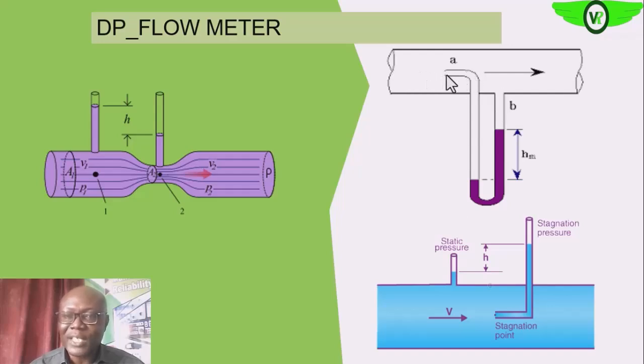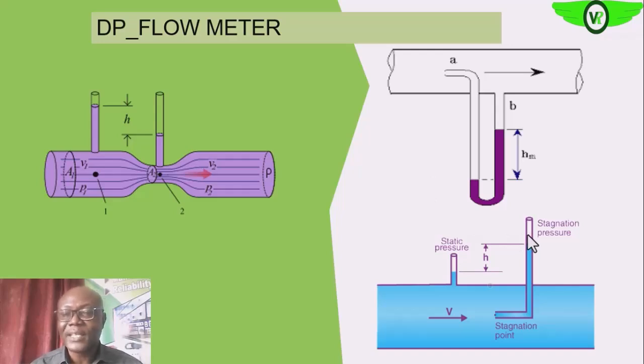Which means that as the flow rate is increasing, the pressure in this tube will also be increasing, and that will increase this leg of the manometer. So the differential pressure will be going up as the pressure is increasing. These two legs could be connected to a differential pressure transmitter, and that will help us to look at the pressure on the line.